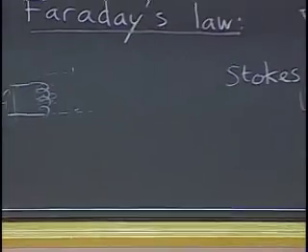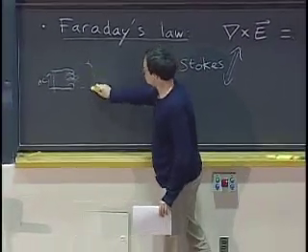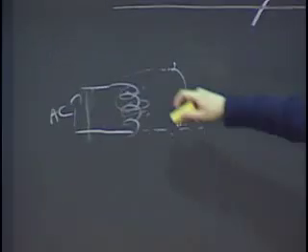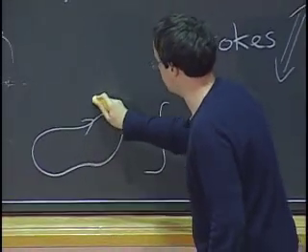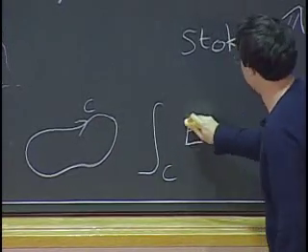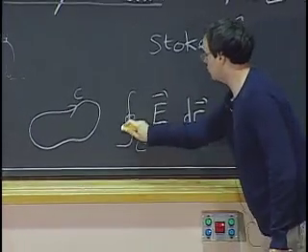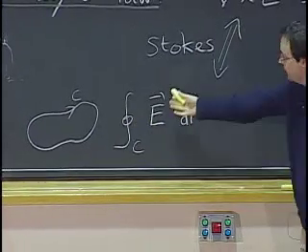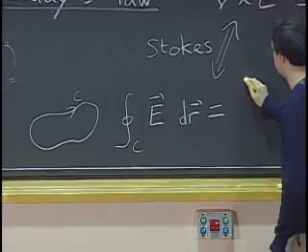Okay? So more precisely, how do we find the voltage between these two points? Well, let's close the loop, and let's try to figure out the voltage inside this loop. So to find the voltage along a closed curve placed in a varying magnetic field, we have to do the line integral along a closed curve of the electric field. And you should think of this as the voltage generated in this circuit.